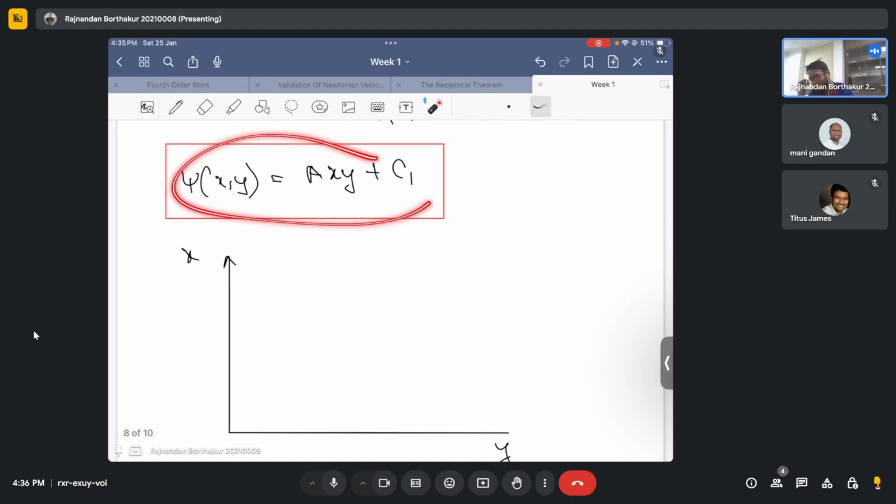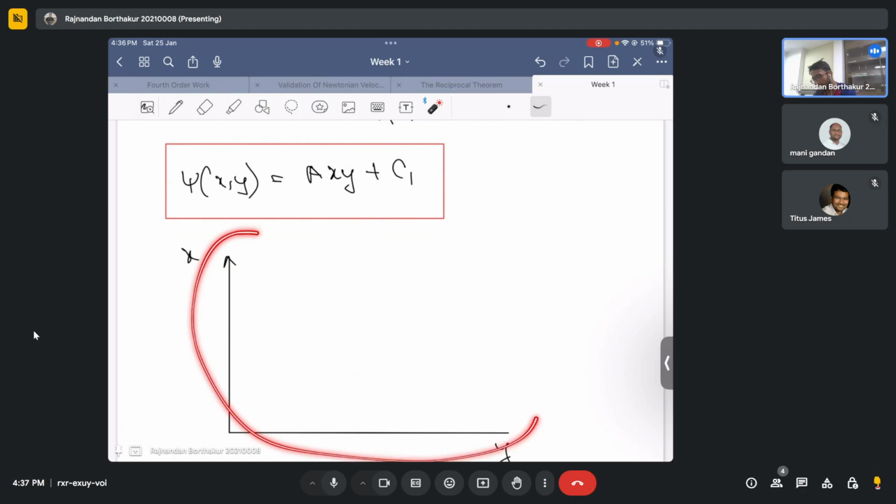If I have an xy coordinate system, what would the plot of psi look like? I'm asking you to plot just psi, the nature of these streamlines.